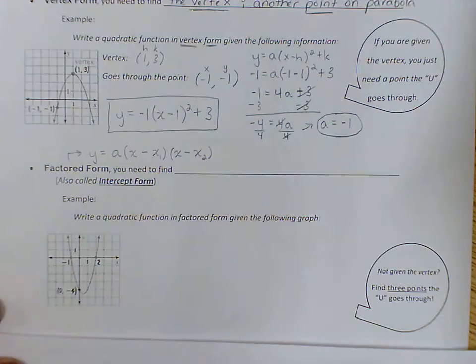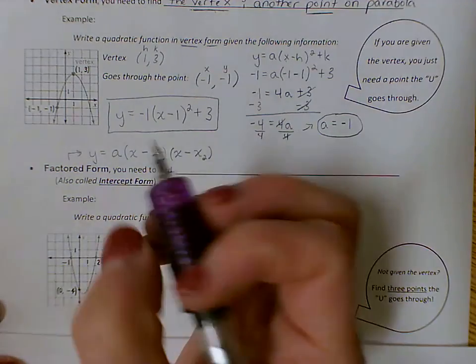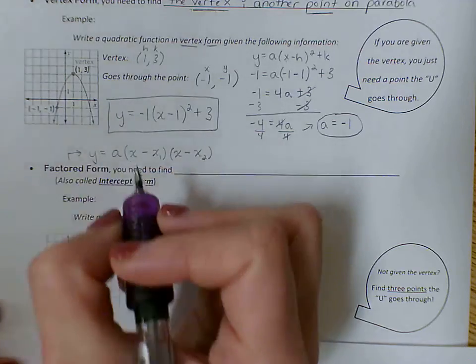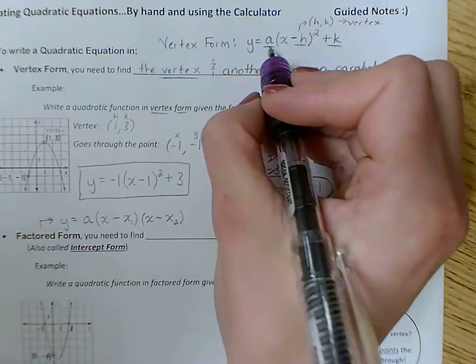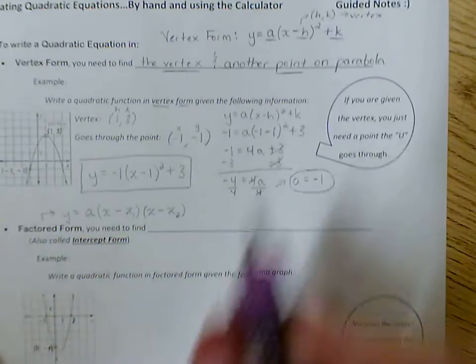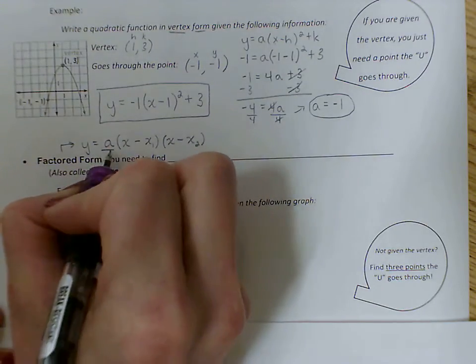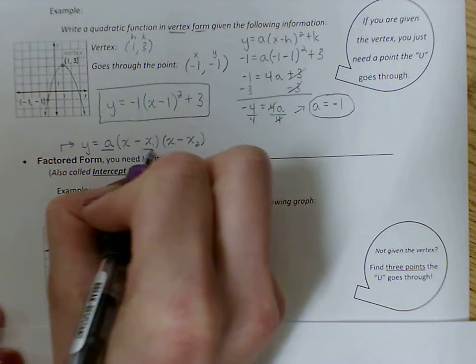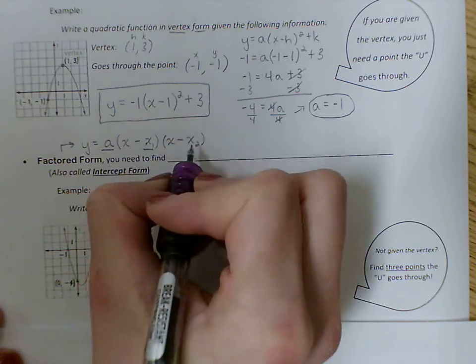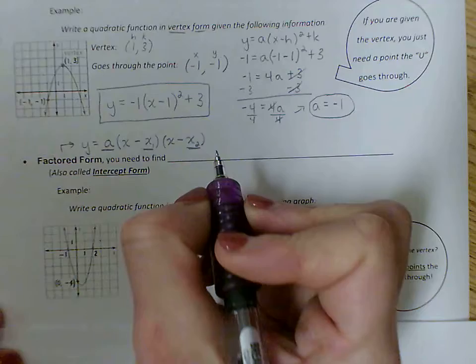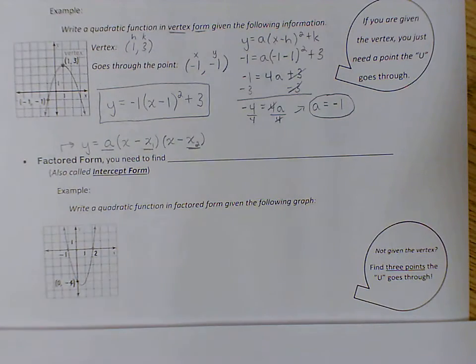When you have to put it in this form, it's kind of like what we did up here where we had to find these three numbers. To put it in factored form, you're going to have to find the a, one of your x-intercepts, and then the other one. So really, you have to have 3 points.